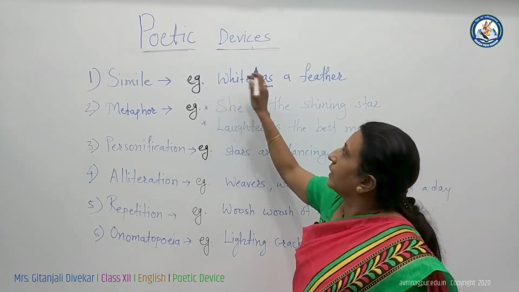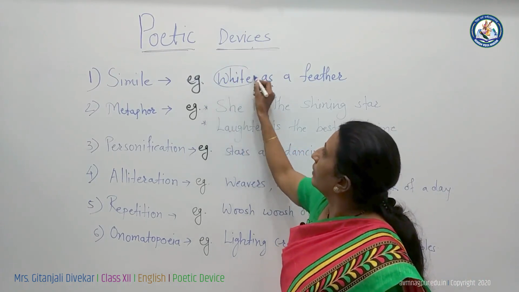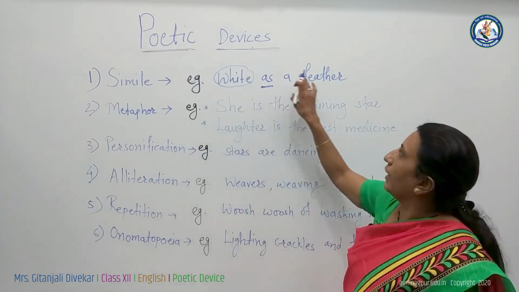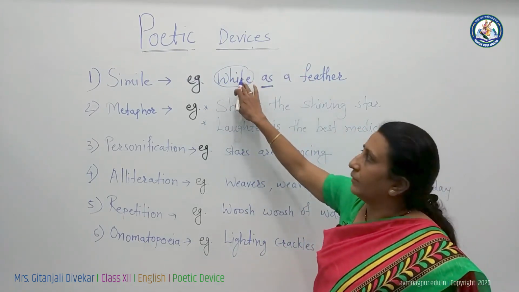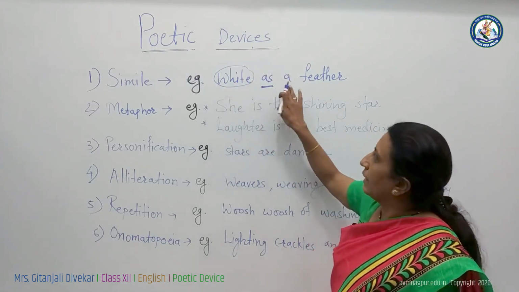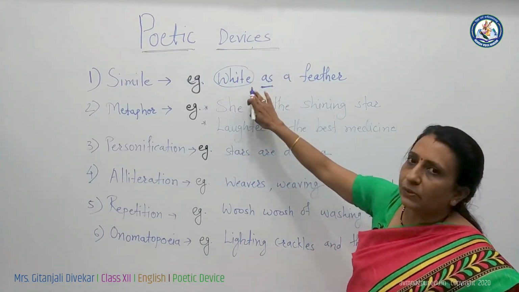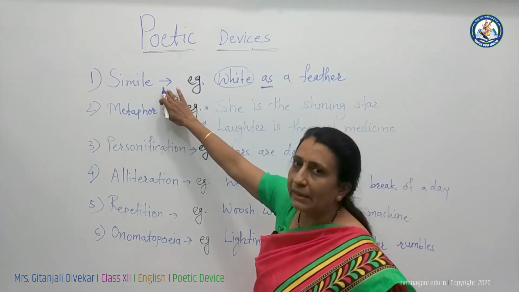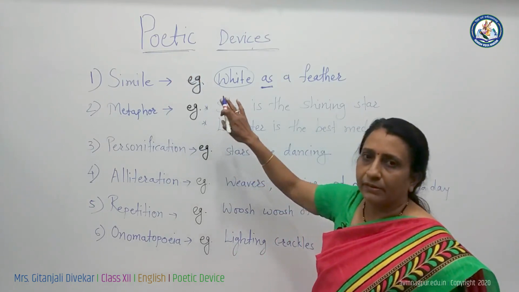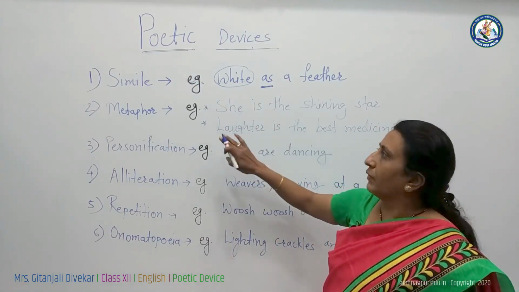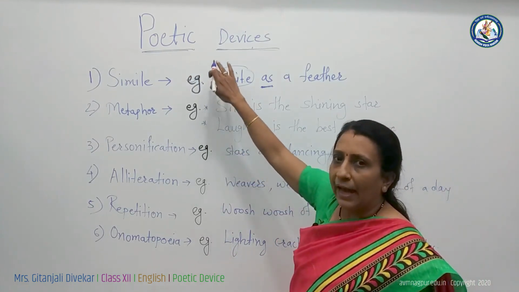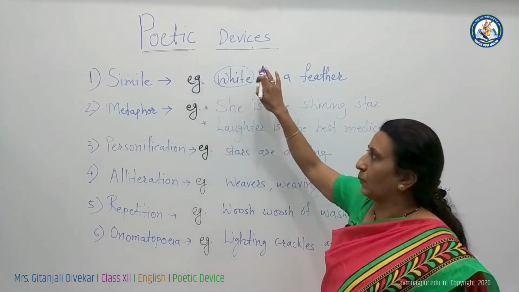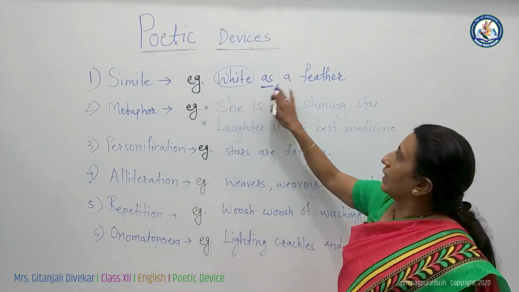The color, that is white color of cloth and feather, is compared by the poet in this line. So have you understood about simile? Again, what is in the simile? Direct comparison by using the word like, as, or so. So white as a feather.